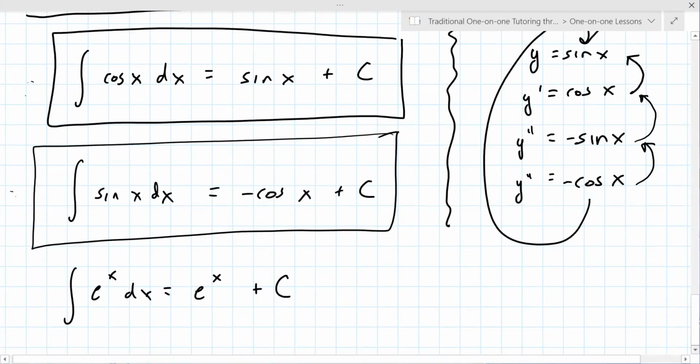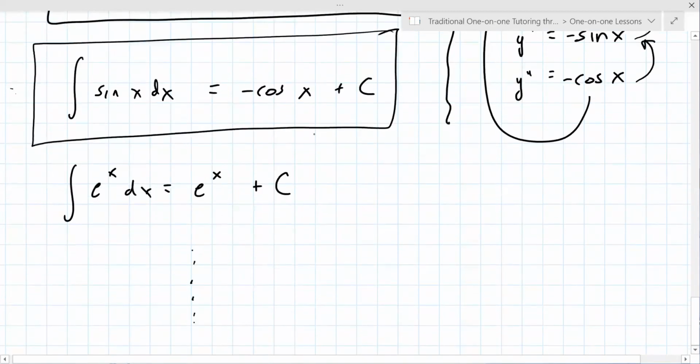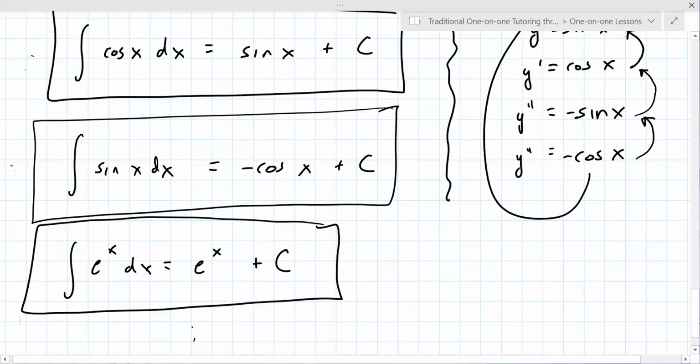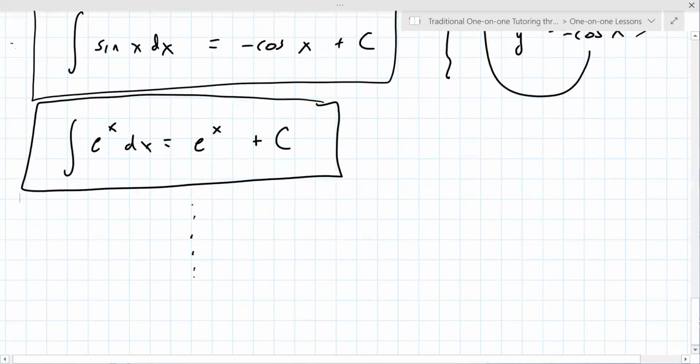Now there's a bunch more, but these are the standard ones that you need to know. So the three I showed you earlier, plus these three, we're going to work with for a while until you feel comfortable moving past them. Okay, so we'll do a couple examples.